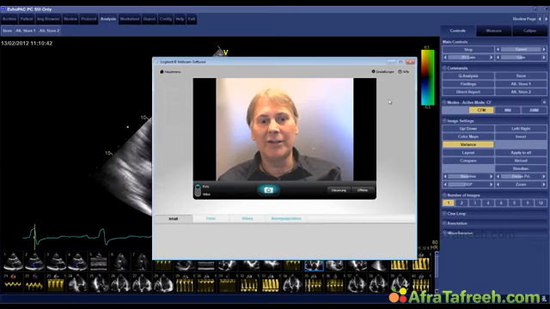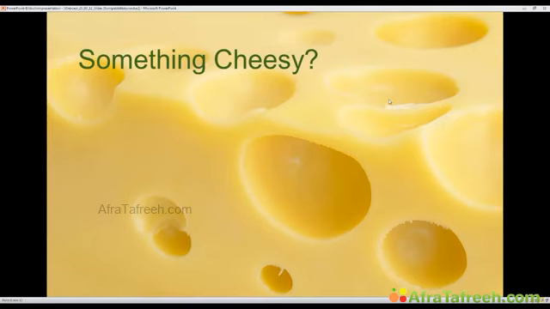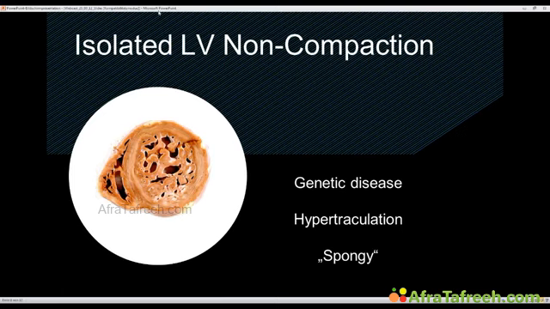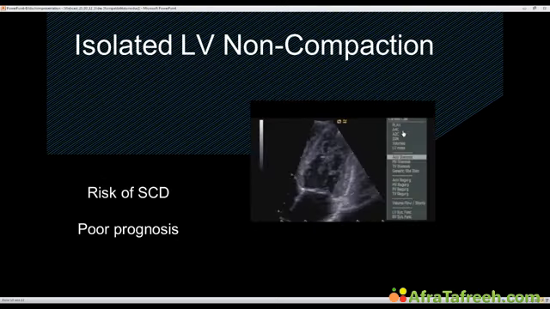Now, not all patients have reduced left ventricular function. You can also have non-compaction syndrome in the setting of normal left ventricular function. But even these patients are at risk of developing cardiomyopathy sooner or later. Okay, so isolated left ventricular non-compaction is a genetic disease where you find hypertrabeculation, especially in the apical, lateral, and posterolateral region, where the myocardium has a very spongy appearance.